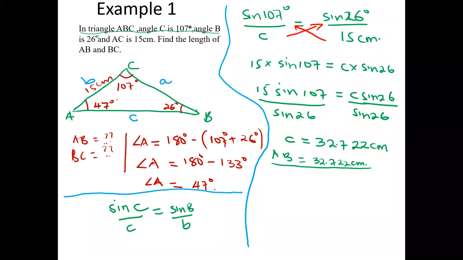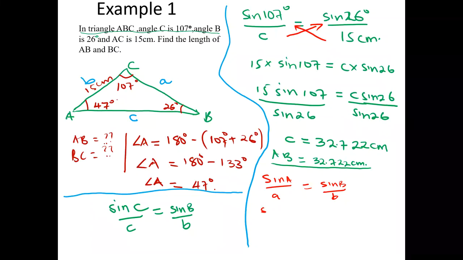So it means that I should have angle A in my formula. So I'll come here and say that sine A out of small a is equal to, here we can still use sine B out of small b.